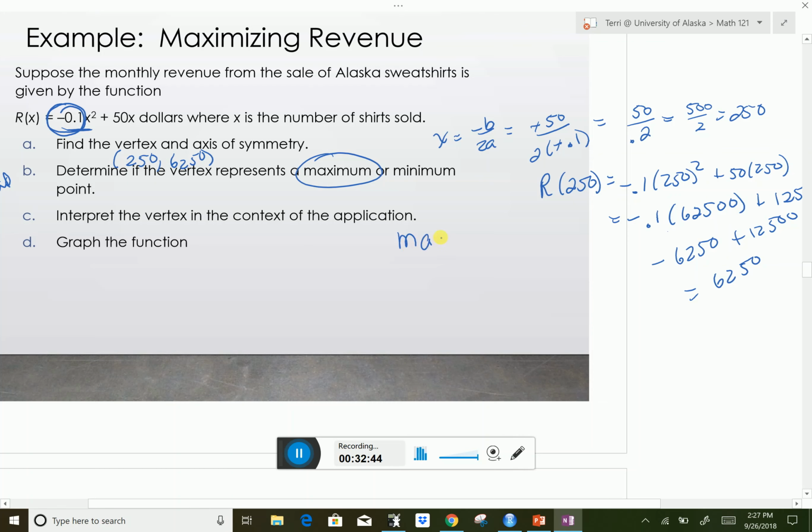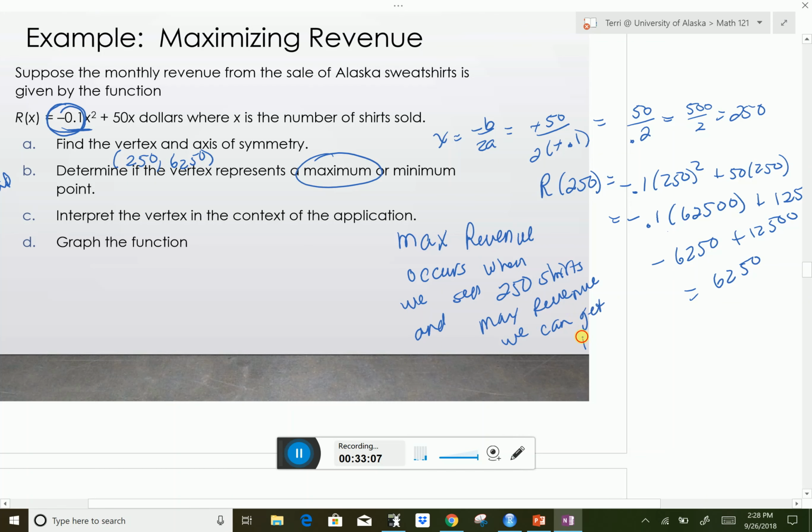So the maximum revenue occurs when we sell 250 shirts, and the max revenue we can get is $6,250. That's what that means. That's really important, because you know I'm always making you guys interpret things. I know I'm weird that way.